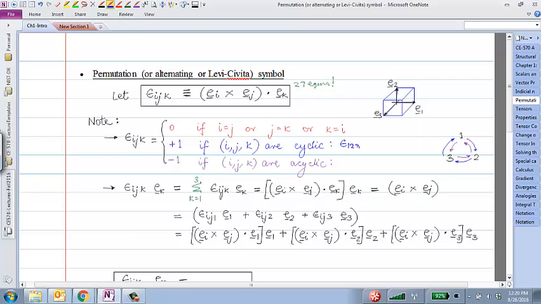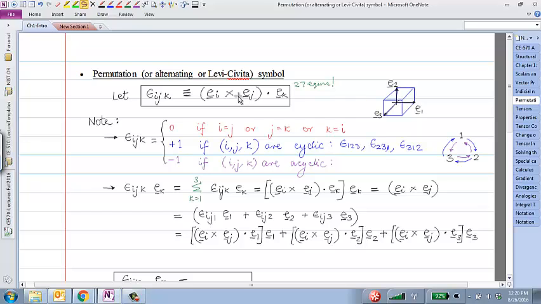Epsilon 1,2,3, epsilon 2,3,1, and epsilon 3,1,2. Those 3 equations would be basically, if you go in here, you can plug in 1, 2, 3. So for example, epsilon 1,2,3 would be e1 cross e2. What is that? e1 cross e2.